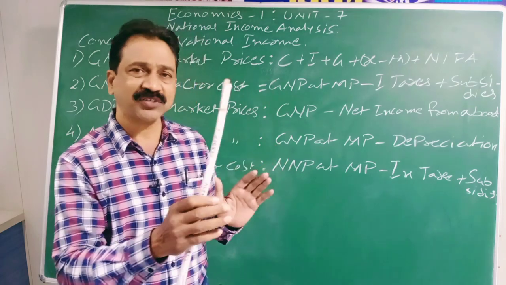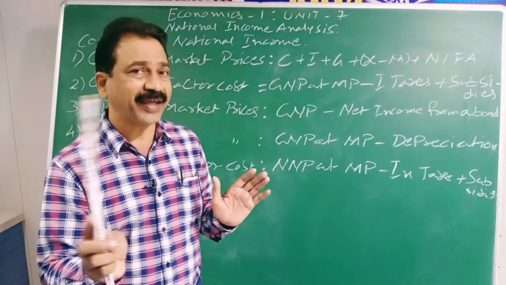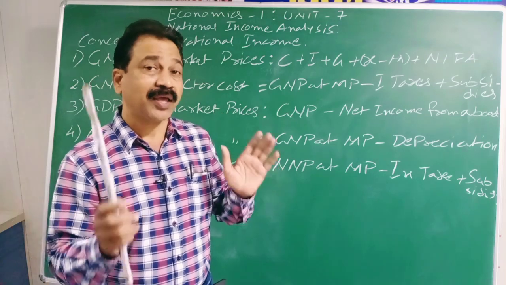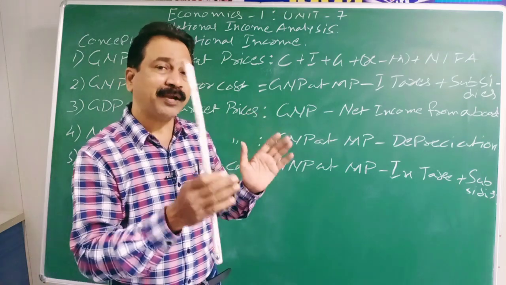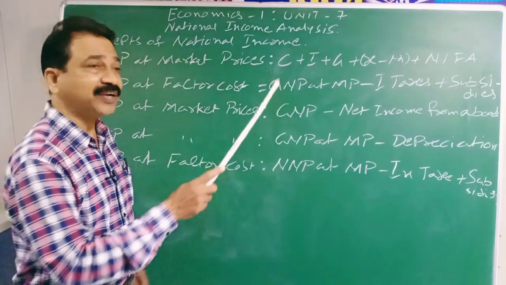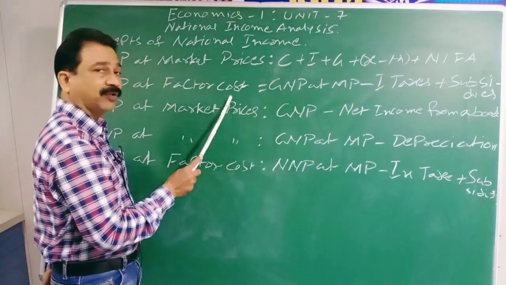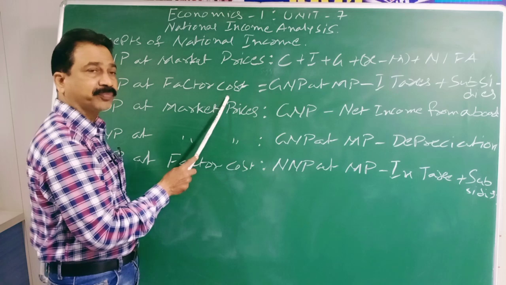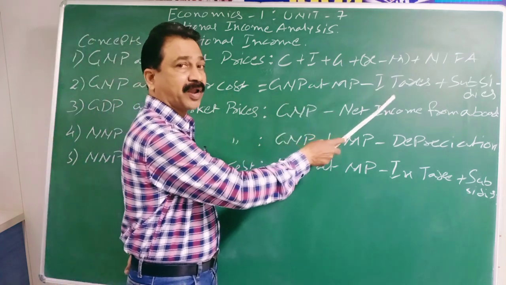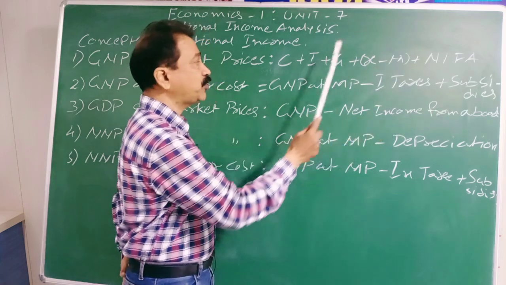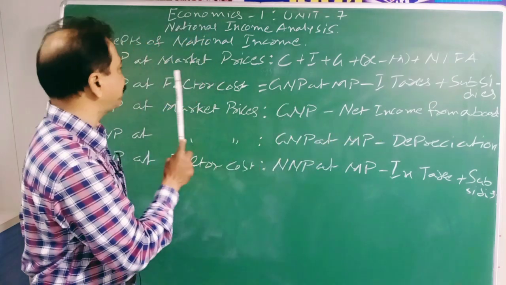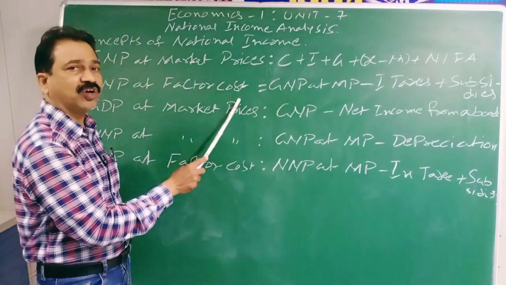Remove those indirect taxes. I am not talking about the direct taxes which are paid by the persons. Indirect taxes are paid by the organizations, so those taxes are added to the factor cost. Okay, so that has to be removed from market price, and government subsidies have to be added to the GNP at market price. Then that makes the GNP at factor cost.